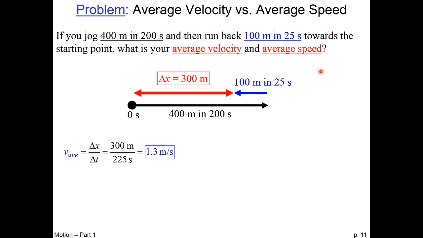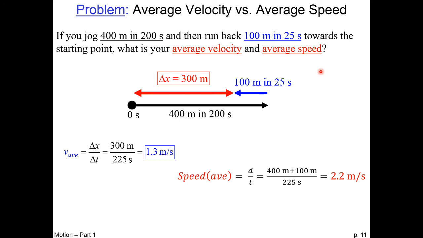To find the speed, we divide the distance traveled by the time, so the total distance is 400 meters plus 100 meters, right? So 500 meters total, and then we divide that by the 225 seconds, and we get about 2.2 meters per second. So that's the average of how fast we were going since we covered 500 meters in 225 seconds.